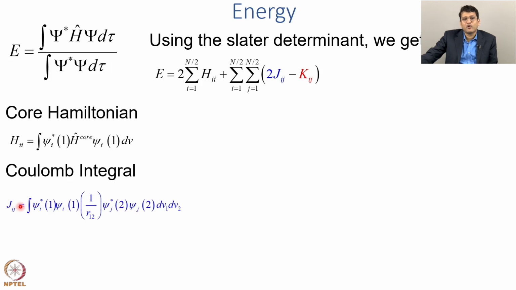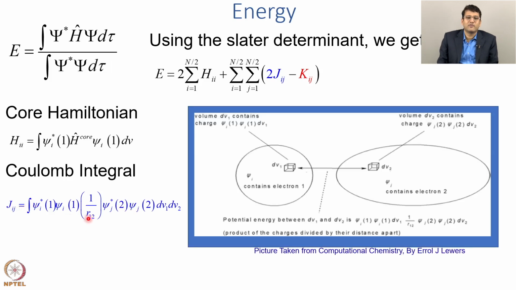Now, let me try to visualize what it actually means. If I write this part and bring my d tau or dV here, then this is like an electron density. Remember, the probability density is psi i star psi i d tau. So, this is like the electron density of electron 1.